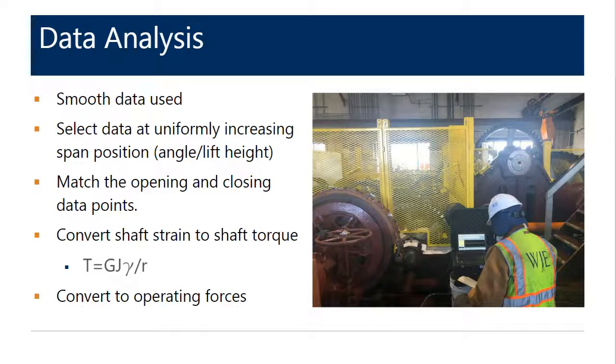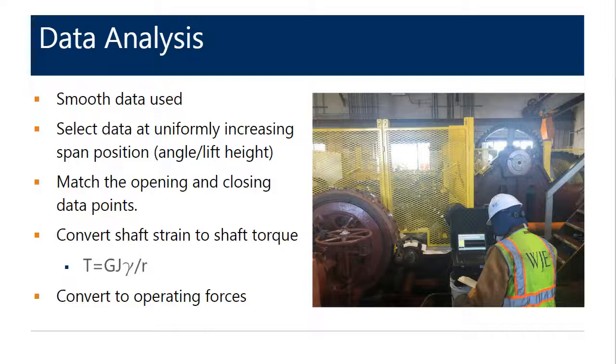So now that we have our strain data and position of the movable bridge, how do you determine imbalance? Well, the recorded strain data is averaged to smooth out periodic fluctuations in the data and selected at uniformly increasing span position. The data is then processed to match the span position at the opening and closing at each of those selected points.